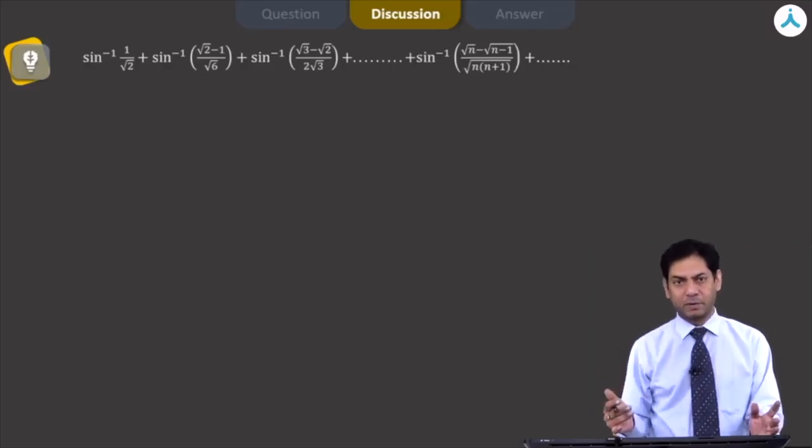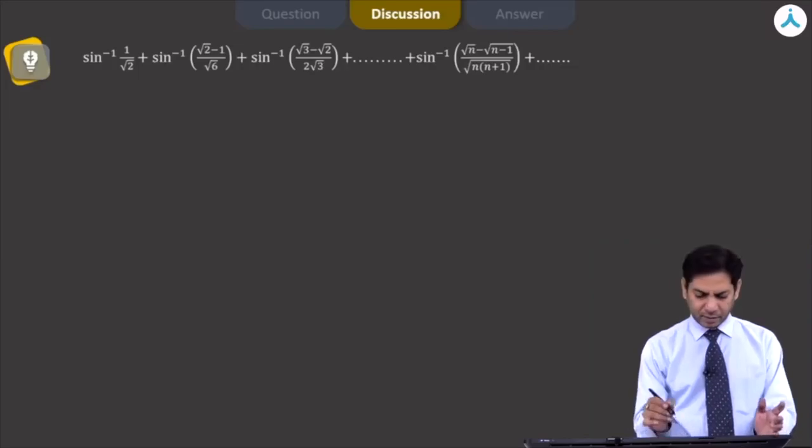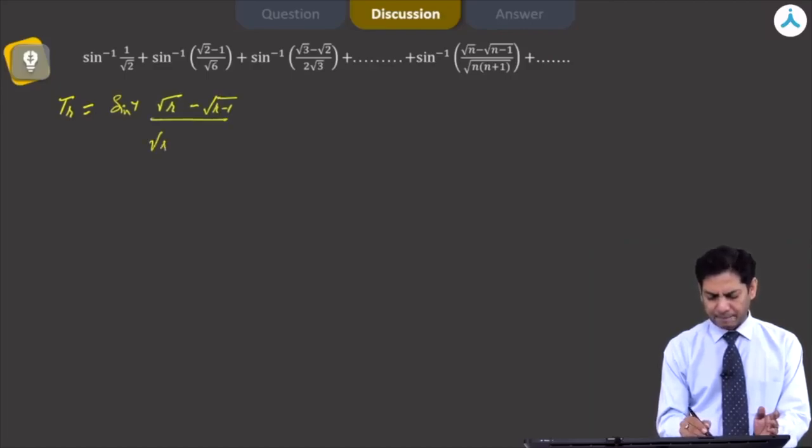So if we try to do that, here we can see that the rth term of this series can be written as sine inverse of (root of r minus root of r minus 1) divided by (root of r into root of r plus 1). This is the rth term.